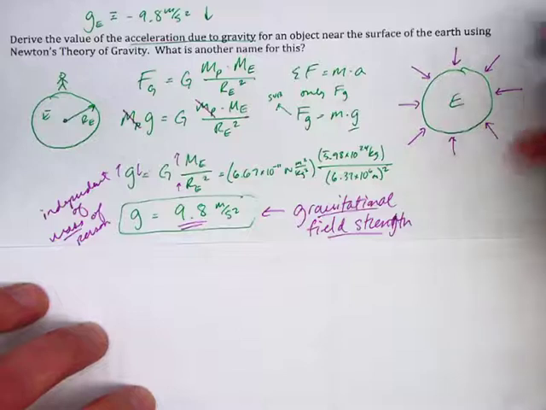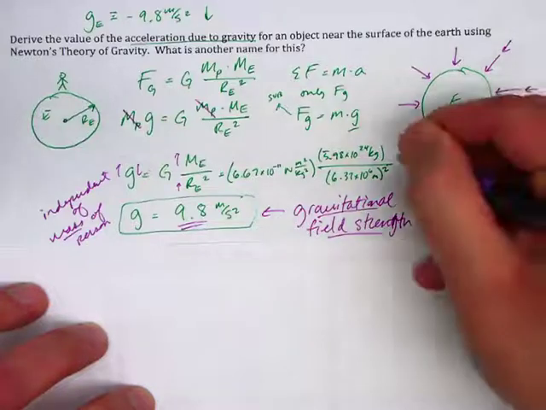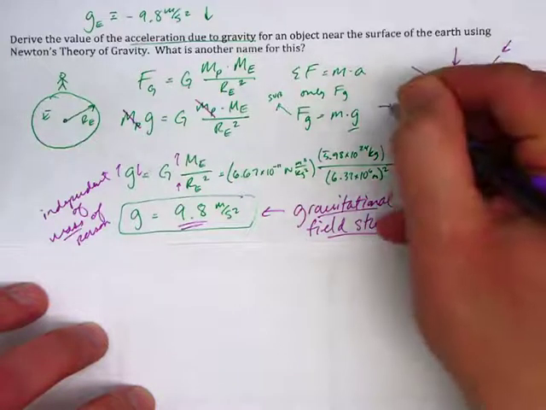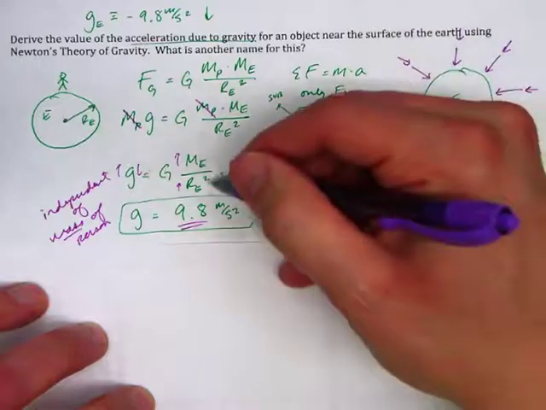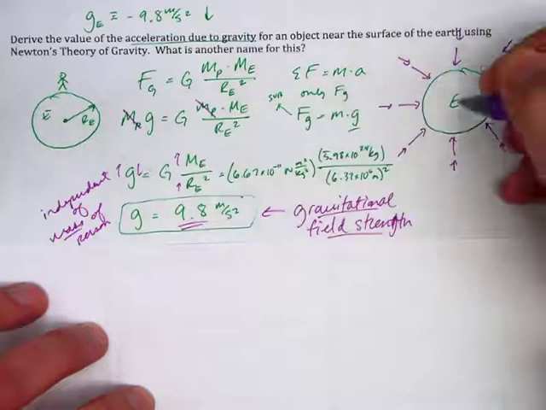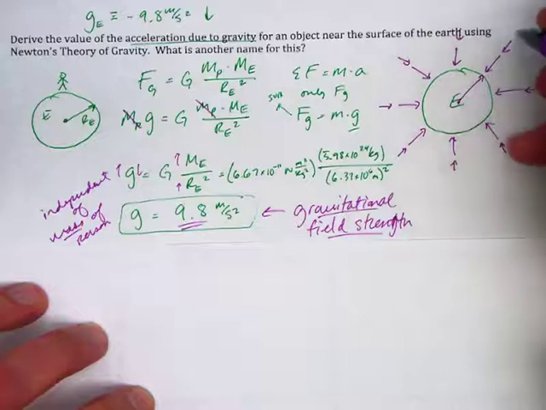As I go farther away, that radius increases, the gravitational field strength is still pointing towards the center of the Earth, but it's getting weaker. And it's getting weaker because I'm at a greater radius distance from the center of the Earth. Even farther away, it's going to get smaller and smaller.